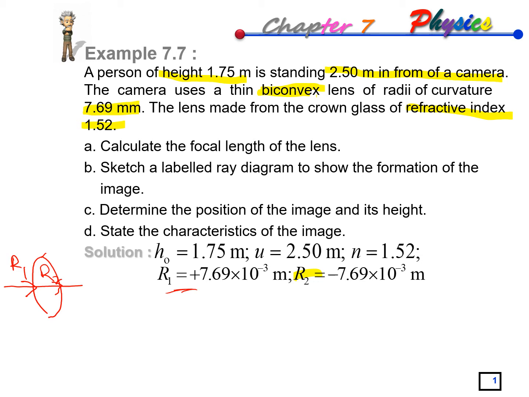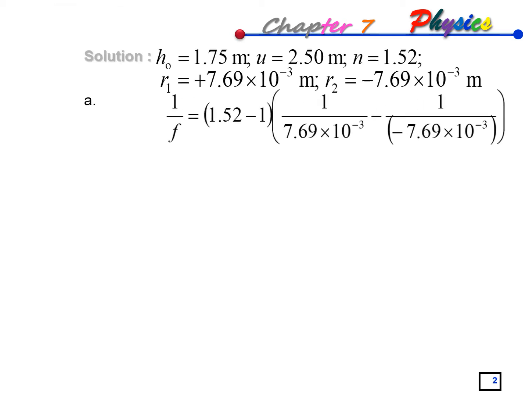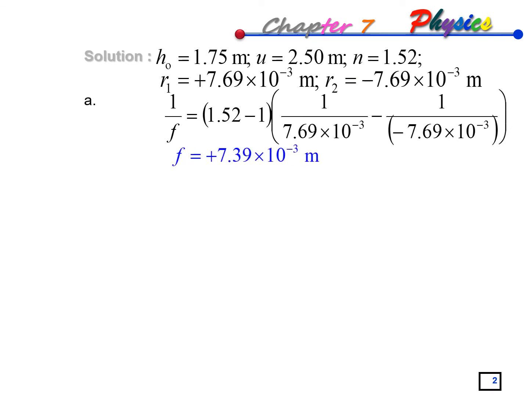Now once we have all the variables, we can replace into the lens maker equation, where 1 over f is equivalent to (n minus 1) times (1 over R1 minus 1 over R2). Just replace in the values, which will end up with focal length 7.39 meter.